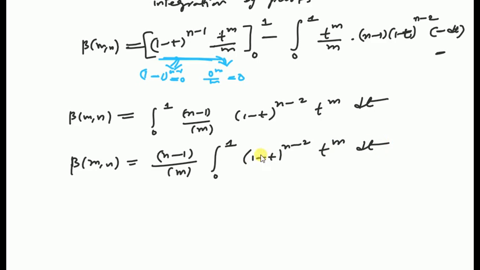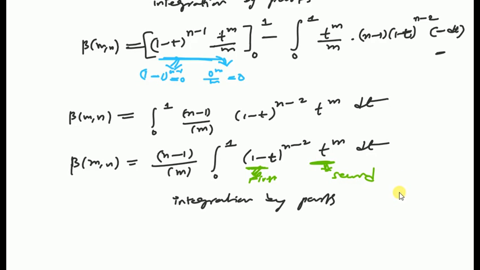Then again you proceed in the same manner. So integration by parts. So this is the first term, and this will be the second term. So as usual, integration by parts, first term and second term.